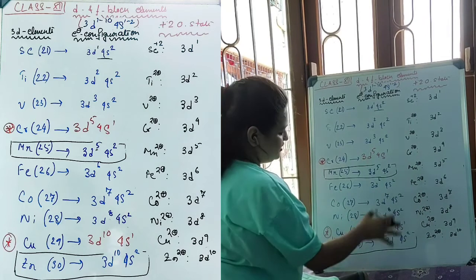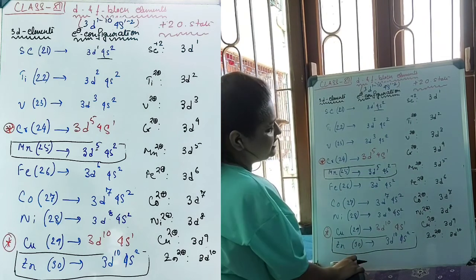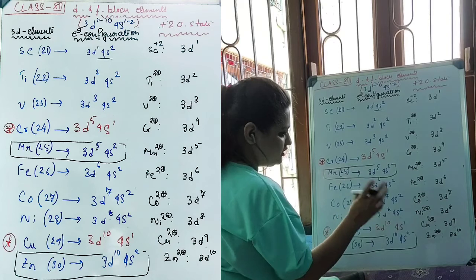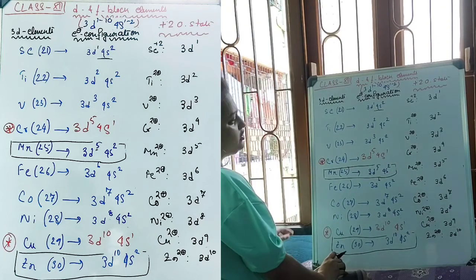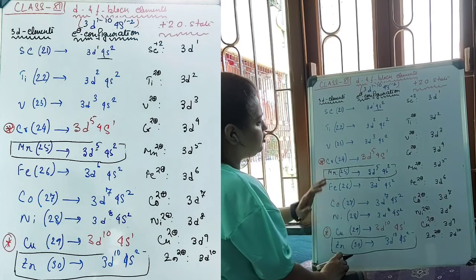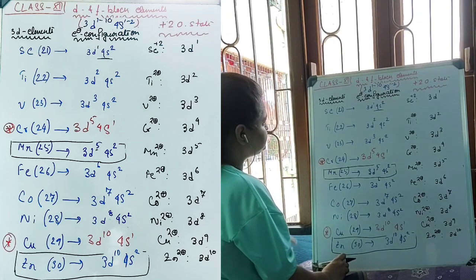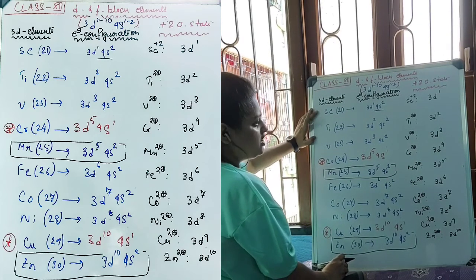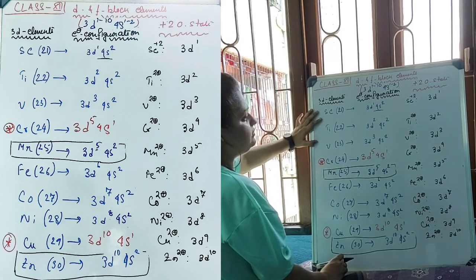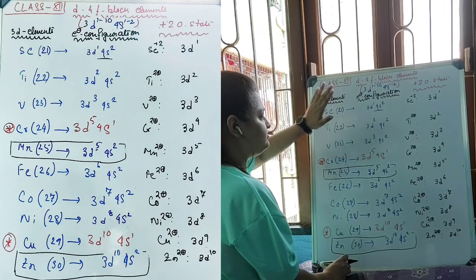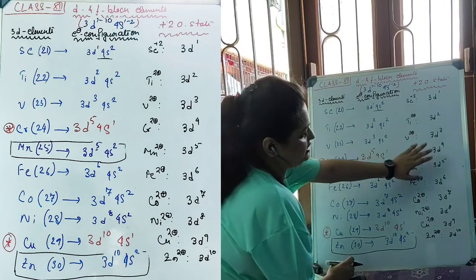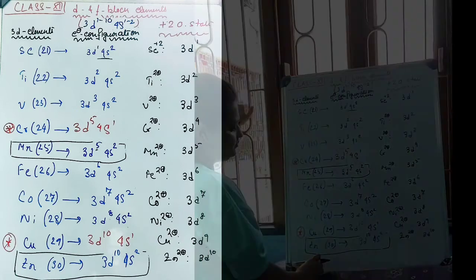This similarity will be handy for us to memorize these electronic configurations, because all the chemical or physical properties of this transition series or d block elements reside on their electronic configuration in their neutral state and in their charged state.